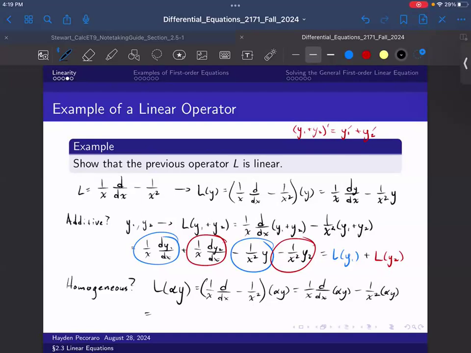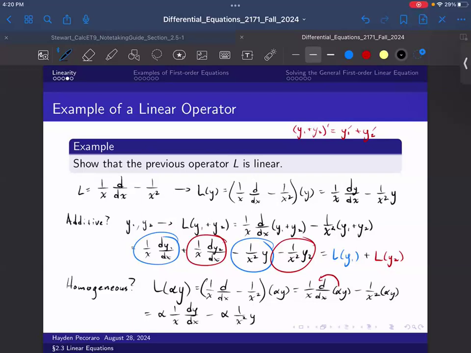If alpha was like a 2, what would you do? You can take it out front, right? So alpha, because it doesn't depend on x, can come right out front. And so we would write alpha 1 over x dy dx minus alpha 1 over x squared y.